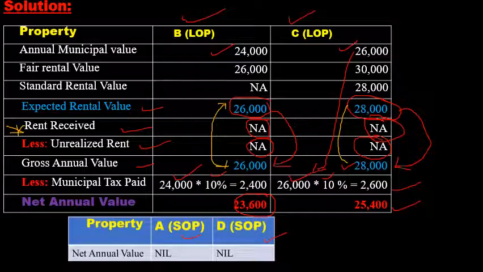So that's why we have to consider property A and D as self-occupied and B and C as let-out property. So now we have to calculate annual value of self-occupied property.